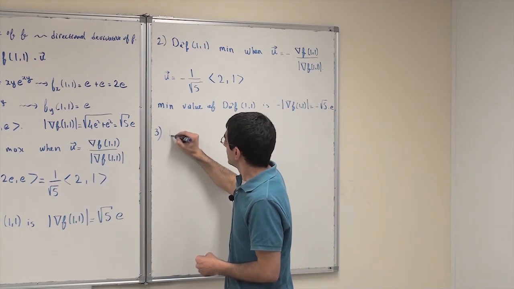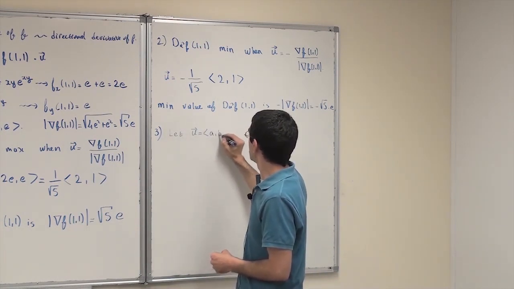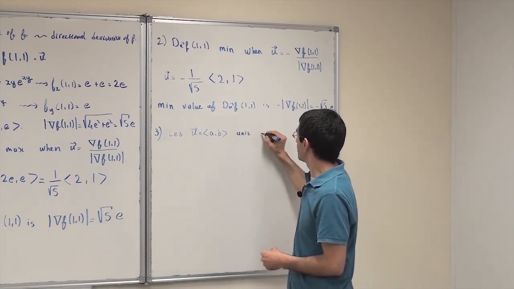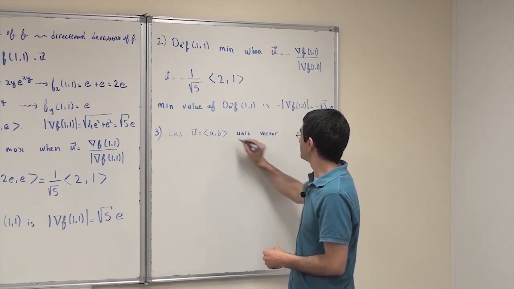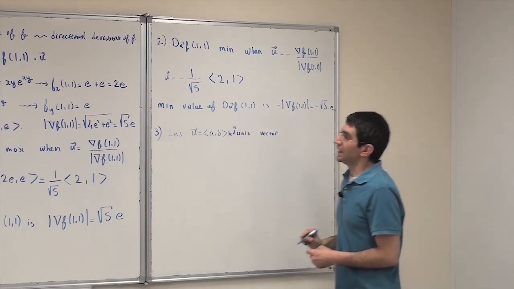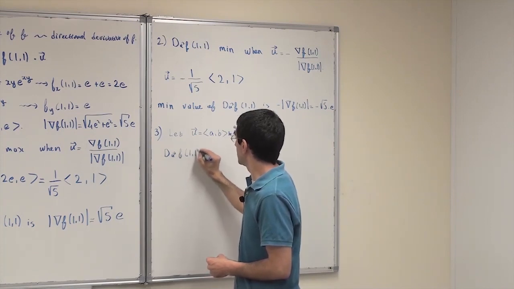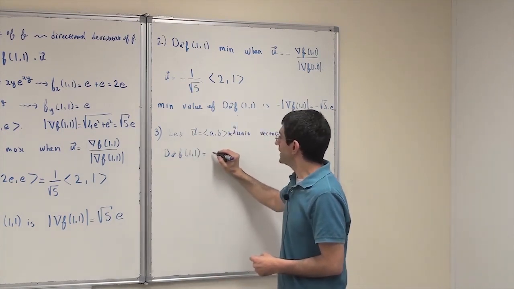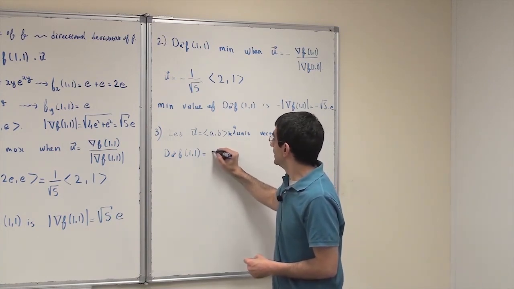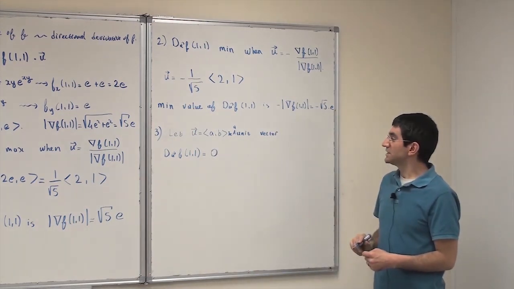So let's say that u is a unit vector, and we'd like to find a and b so that this directional derivative is equal to 0.